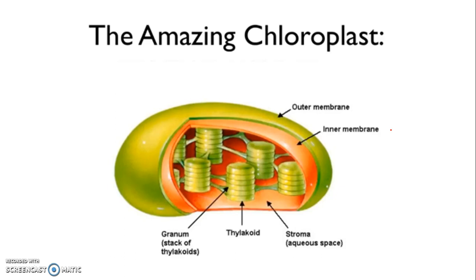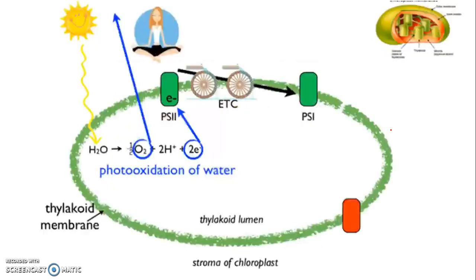Let's look inside at what happens in the light dependent reaction. In the thylakoid lumen, when the light shines, it splits the water. So the electron which is responsible for harnessing the energy, where does it come from? It comes from the splitting of water.